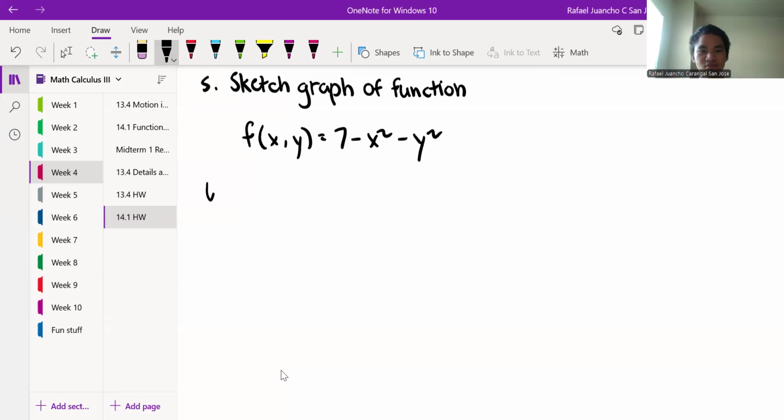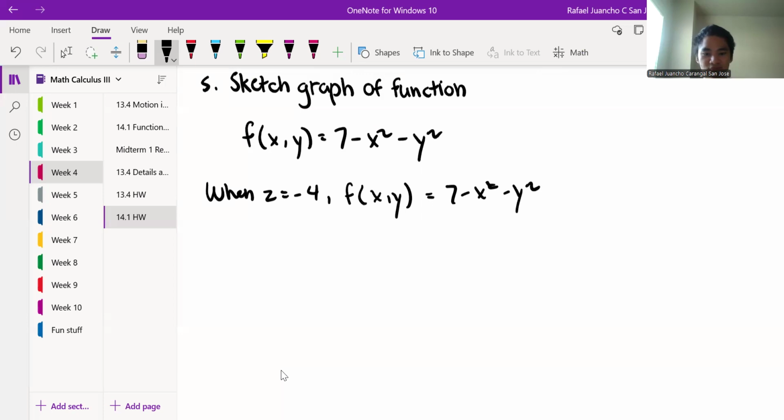So I don't know. When z equals -4, then my function is literally the same thing because I don't have a z here. It doesn't matter. Right? Or unless I'm messing something up. Oh, my z is my f.